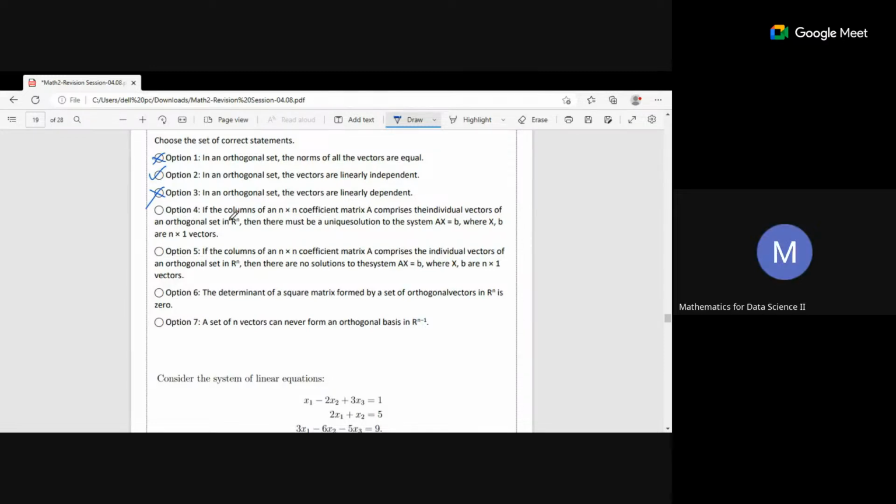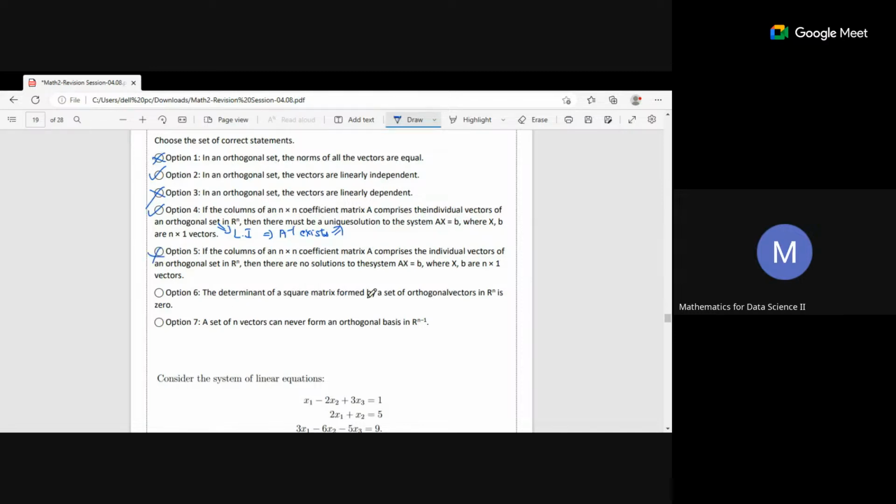If the columns are linearly independent, the matrix is invertible, and if the matrix is invertible, the system has a unique solution. So this implies linear independence, linear independence implies A inverse exists, and that implies a unique solution. So this is correct. And here they are saying no solution, so this is wrong.